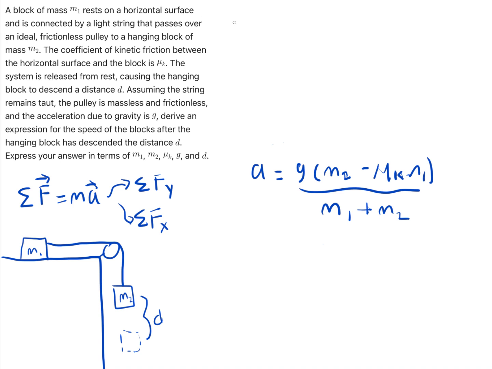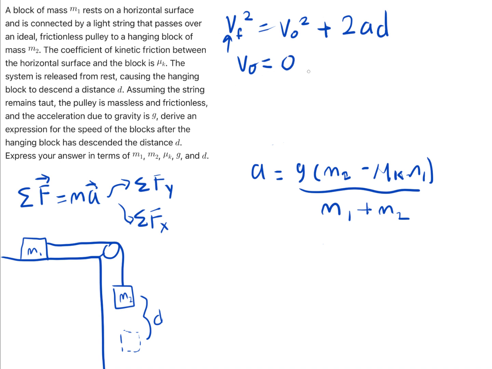So we have one kinematic equation that says that final velocity squared is equal to initial velocity squared, plus 2 times the acceleration times the displacement, or distance d. So we can use this to figure out what our final velocity will be after going a distance d. And we have the acceleration a that we can just plug into this. And furthermore, we know that v0 equals 0 because the system is released from rest.